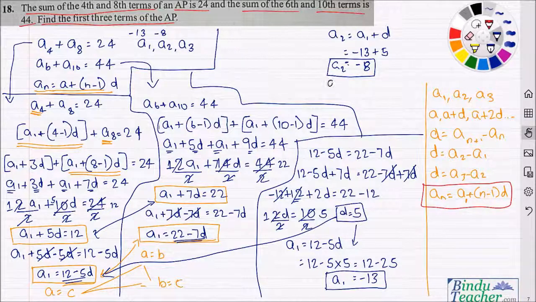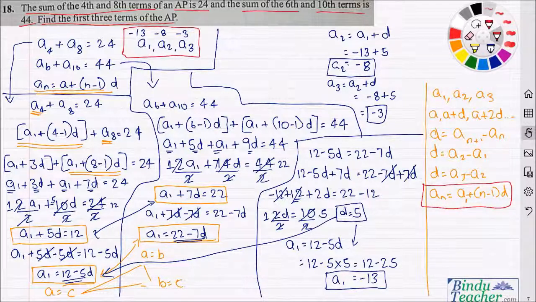Next, similarly, A3 is A2 plus D, which equals minus 8 plus 5, which gives me minus 3. So the value of A3 is minus 3. So the first three terms of this arithmetic progression are minus 13, minus 8 and minus 3.